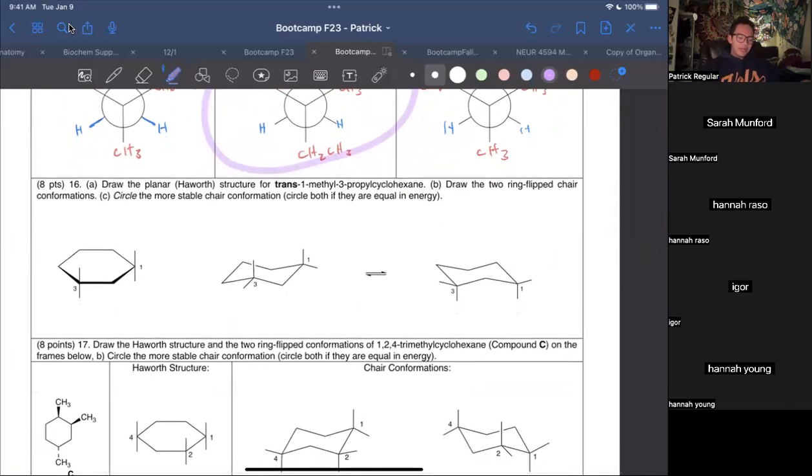So, hey, we are looking at a trans 1-methyl-3-propyl cyclohexane. All you have to do is show that it's trans. You can do CH3 for that methyl here, CH2, CH2, CH3. Any one of these.